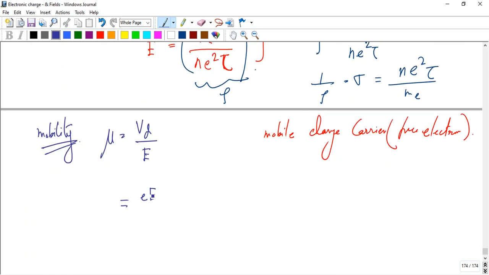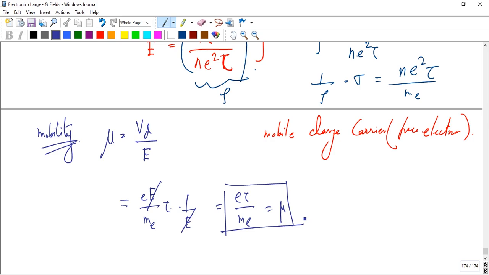Dividing by E, the E cancels, and the final expression is e tau by m_e. That's the mobility expression, mu, an important factor.